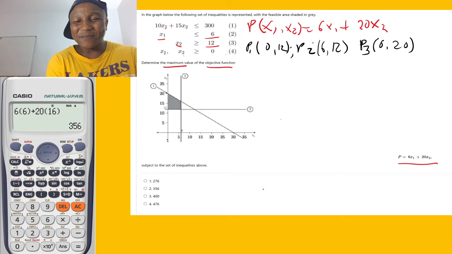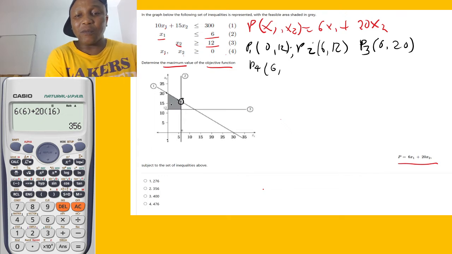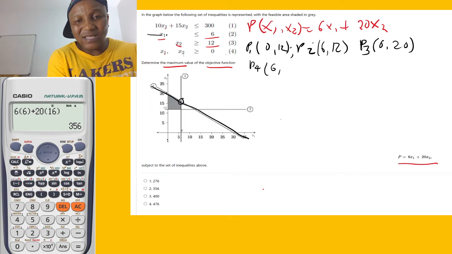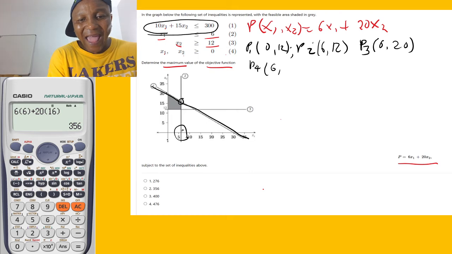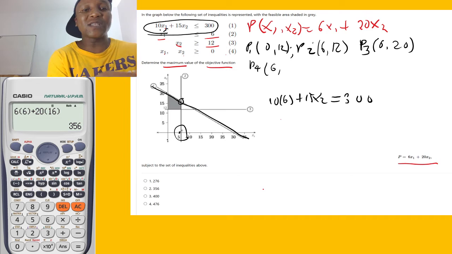Okay, point 4 is here. We know the value of x1 for point 4 is equal to 6, but where does point 4 cut? Point 4 cuts here, at this equation. So we have x1 equal to 6. I'm going to plug in x1 equal to 6: 10 times 6 is 60, plus 15x2 equal to 300. Let's get the value of x2.